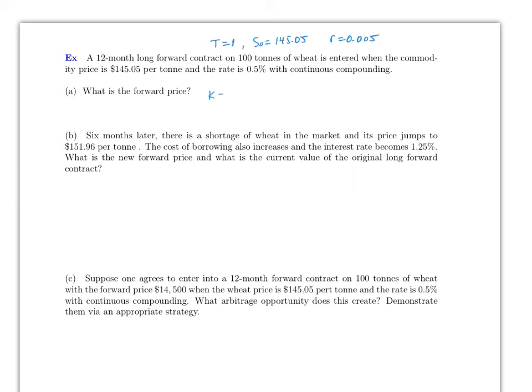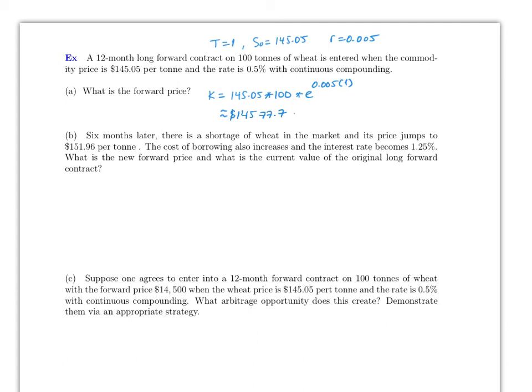So therefore K is going to be equal to 145.05 times 100 times e to the 0.005 times 1, which is 14,577.7.